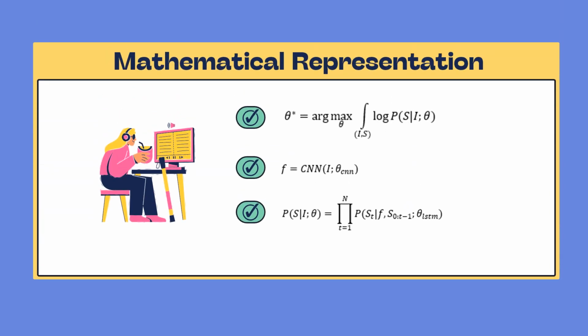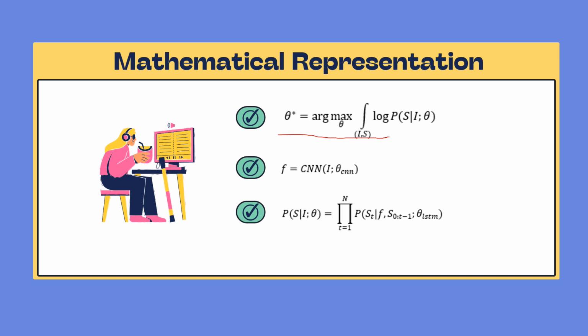Our goal is to maximize the probability of generating a correct caption given an image. This section outlines a mathematical framework used in our image captioning system, focusing on the encoder-decoder architecture involving a CNN and an LSTM.